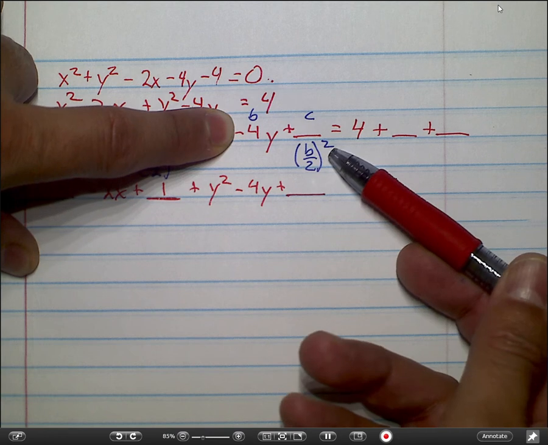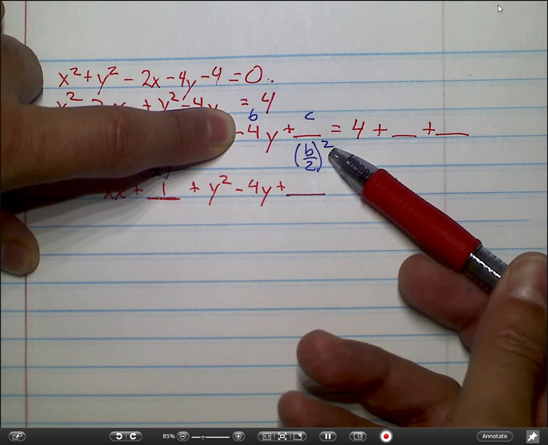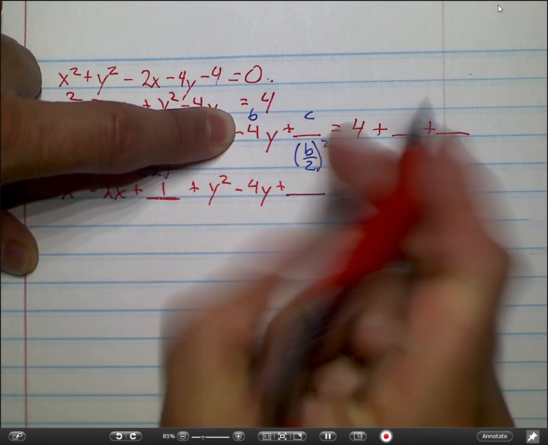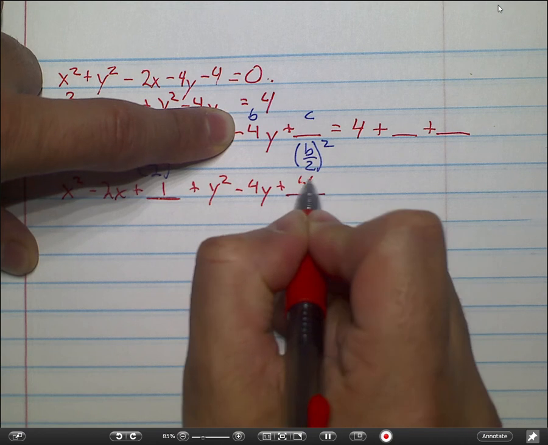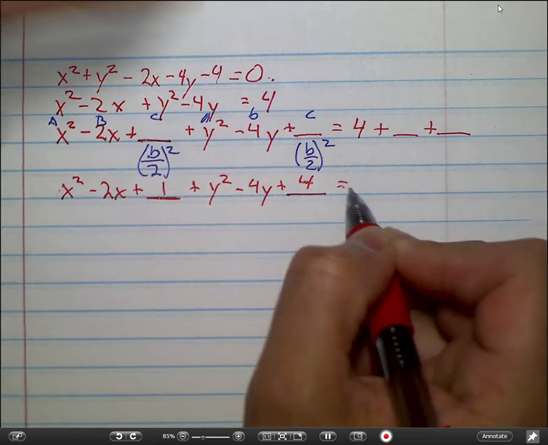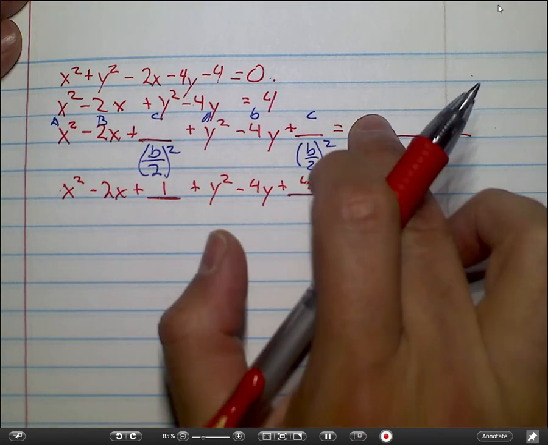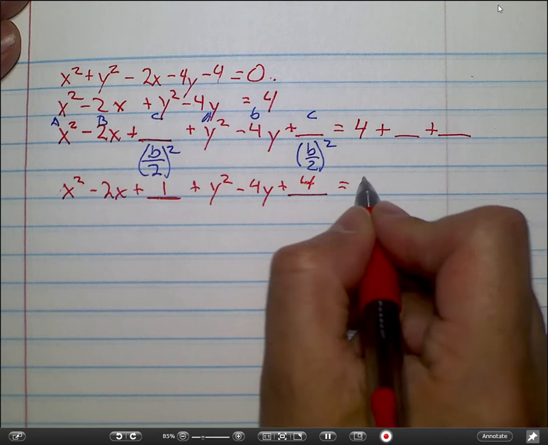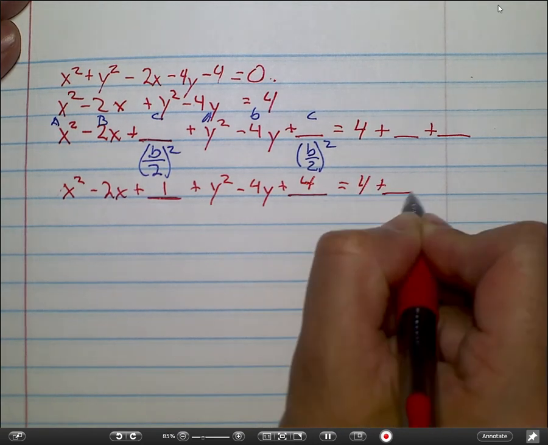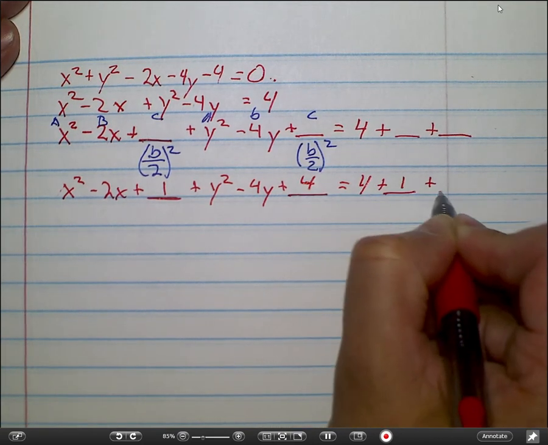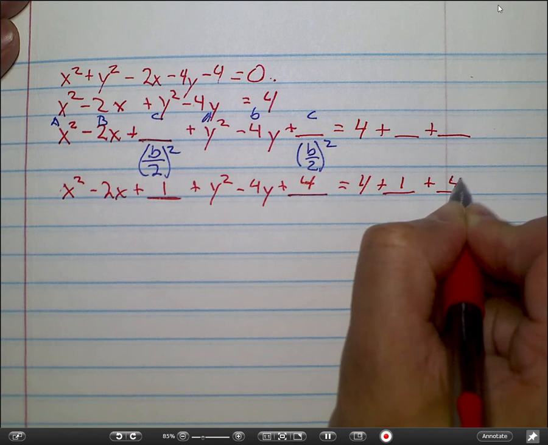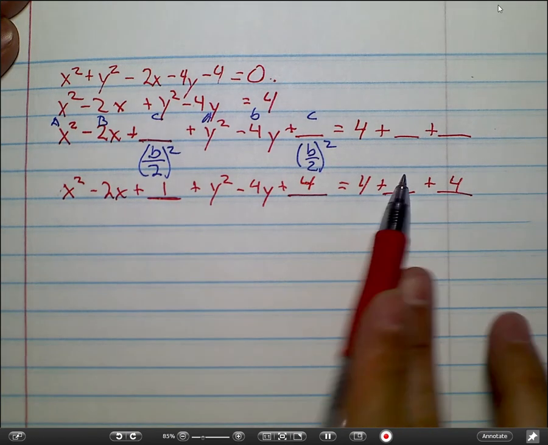And square negative 2, I get positive 4. So that's going to be a 4 there, right? That's a 4 equals. Now, bring down my 4 that was already there. Plus 1 and plus 4. Right? There's my 1 and there's the 4.